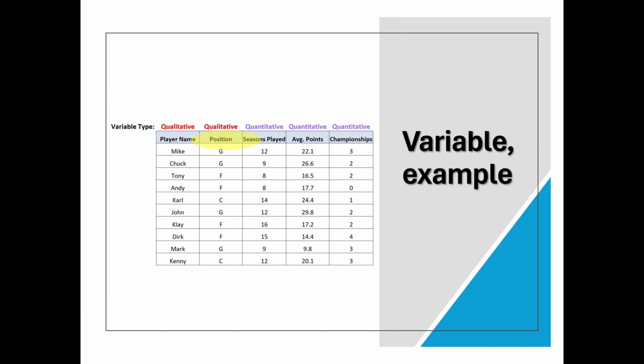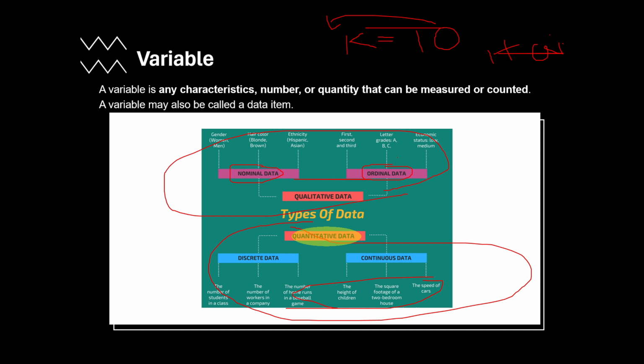Position, where they're playing, like what's the status, that's all qualitative. Quantitative, like I said, is discrete data or continuous data. So 12, 9, average points 22.1, that's also quantitative. Championships 3, 2, 0, that's all quantitative. So this is how you decide whether it's qualitative or quantitative.